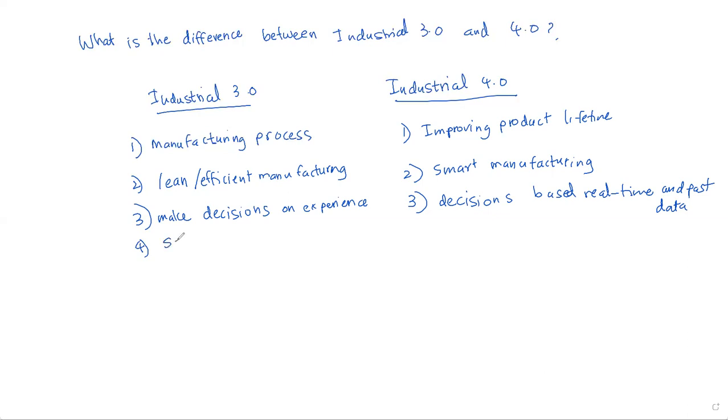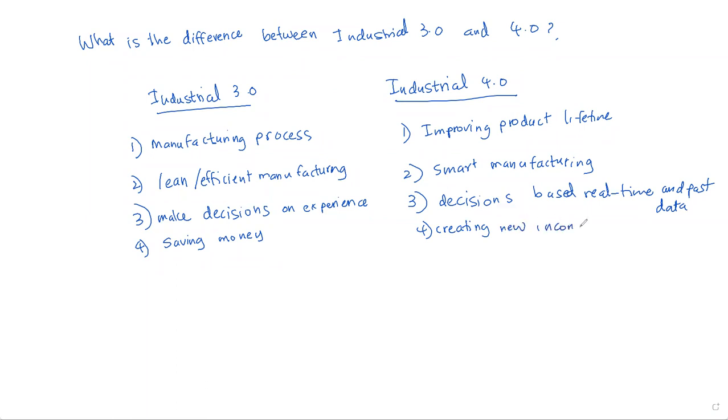Saving money is the main target of the 3.0 version, while Industry 4.0 is focusing on creating new income methods.